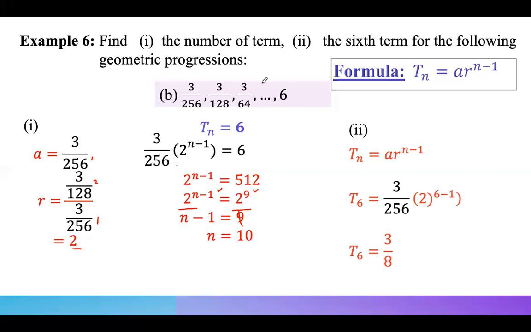Or from here you just multiply by 8: 64 divided by 8 is 8, therefore 3 over 8. So confirm this is correct. This is example 6.